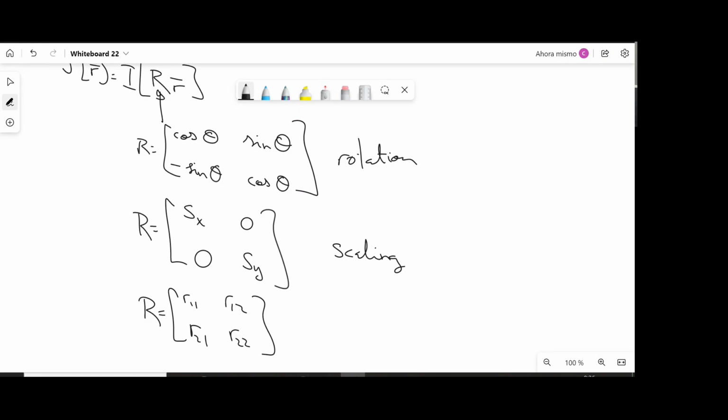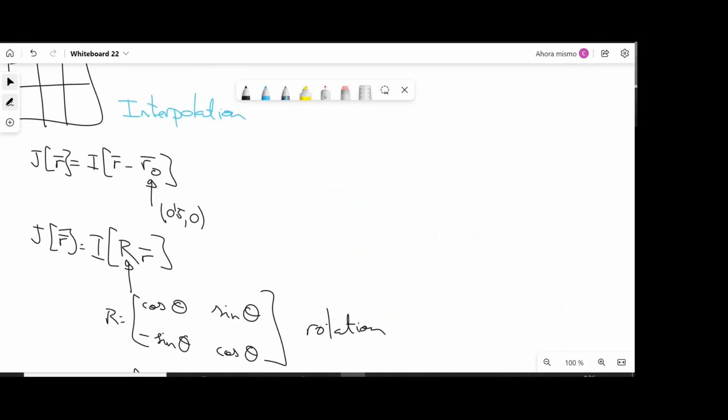In general, this is called affine. And this kind of transformation also includes translations or shifts.